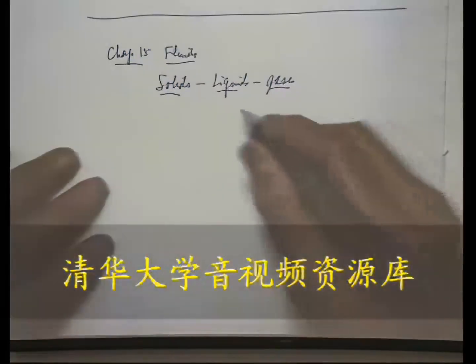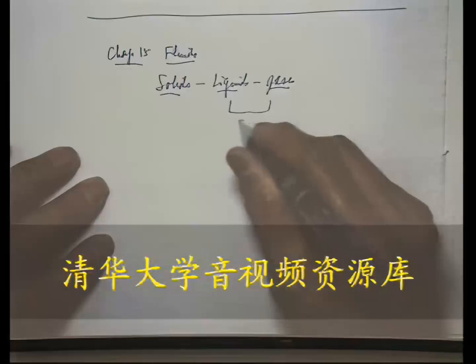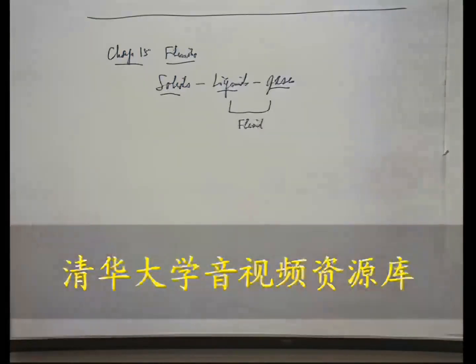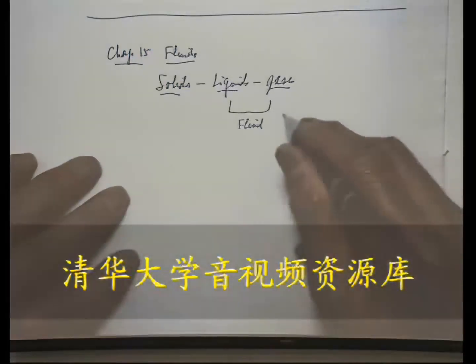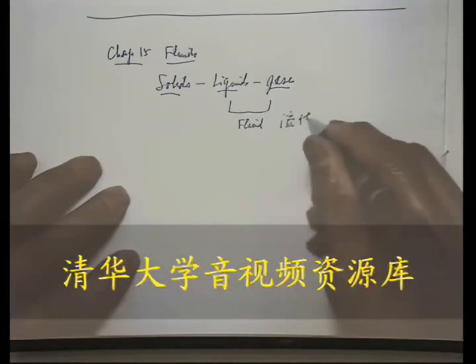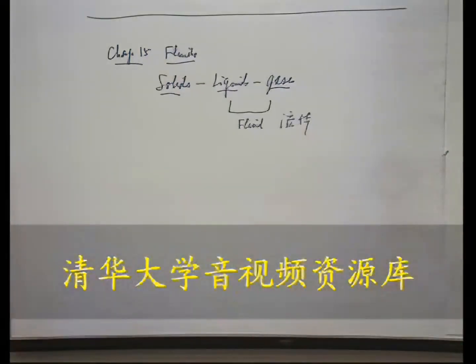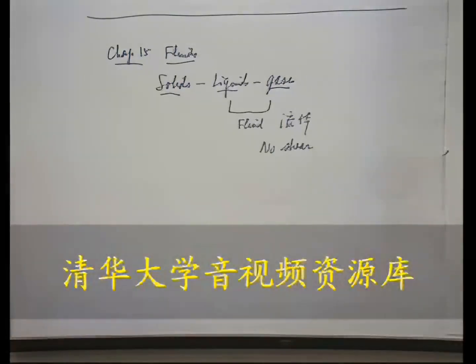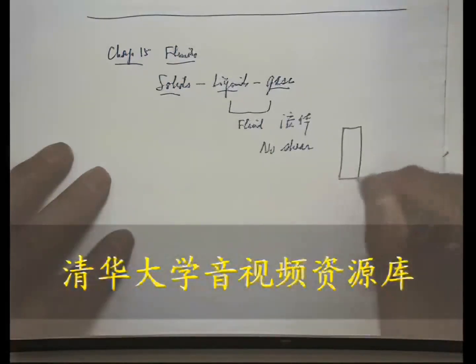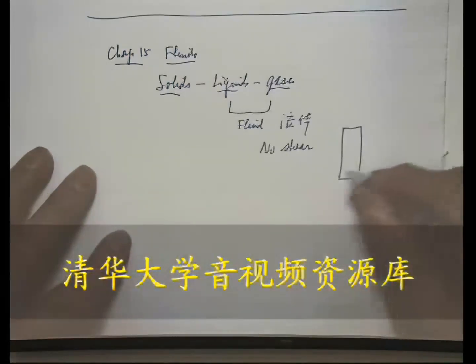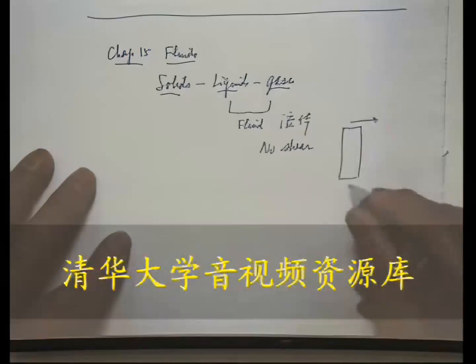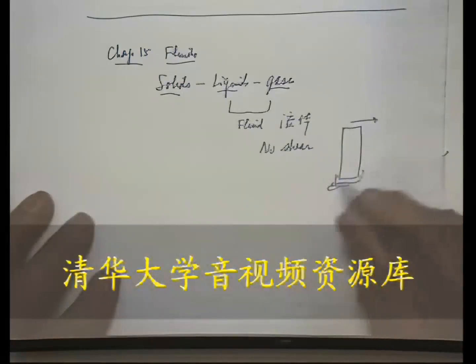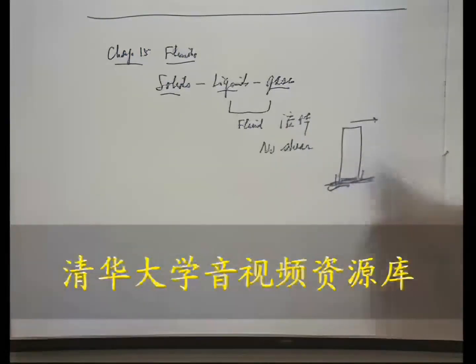The book calls these two fluid. 流体。流体的 characteristic 没有 shear。假如你是一个缸，你把这个拿住了，你这样，你底下拴住了，上面呢，那它就产生叫做 shear。We have discussed that before.